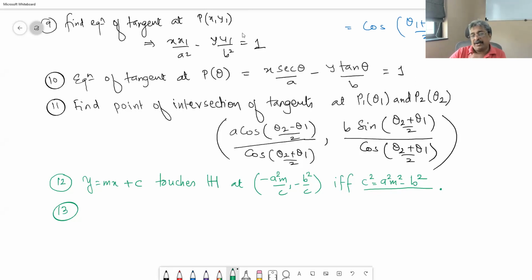By a couple of methods, comparing coefficients or by the discriminant method.